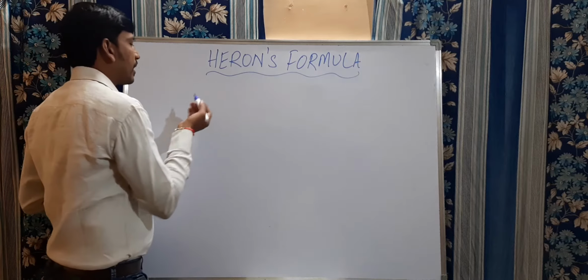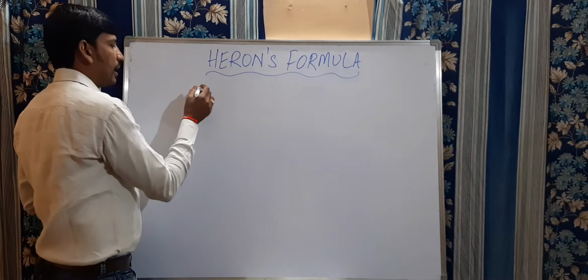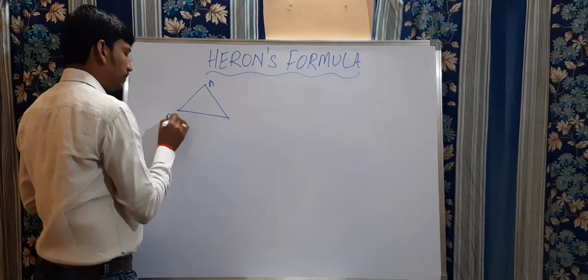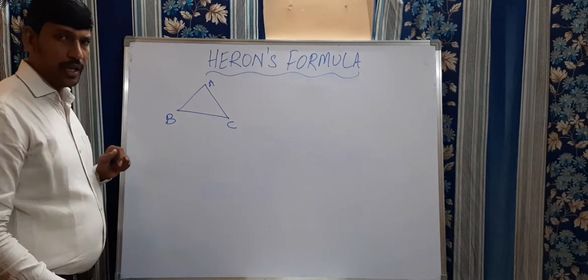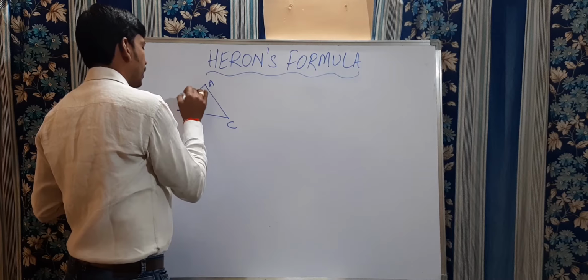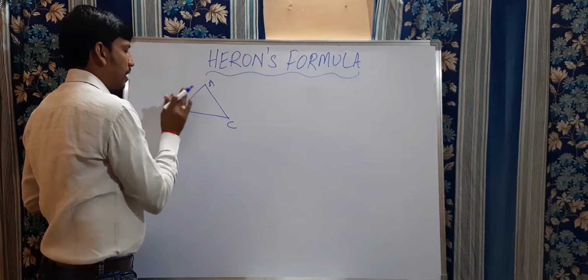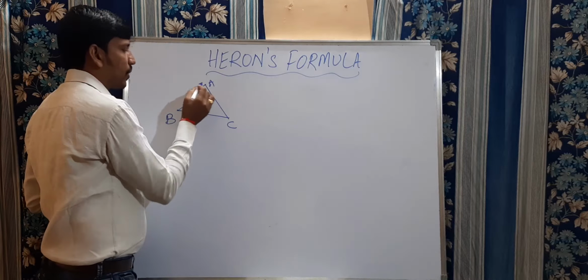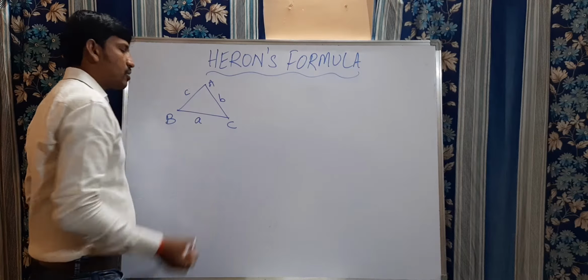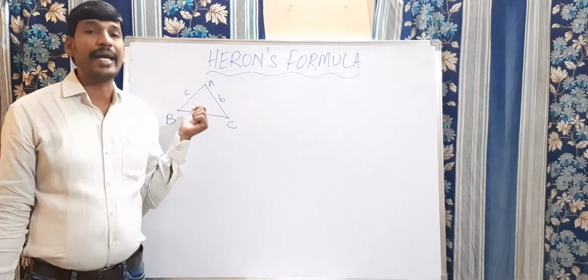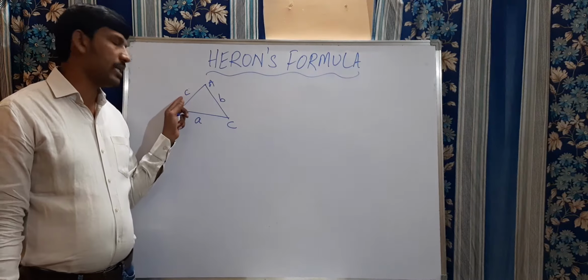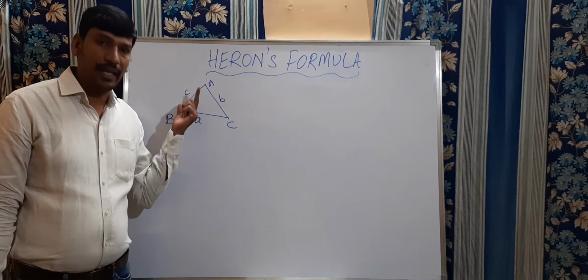Here, when sides are given in a triangle, for a triangle ABC, let us take the side opposite to vertex A as a, this is b, this is c. Small a, small b, small c are the sides of the triangle ABC.